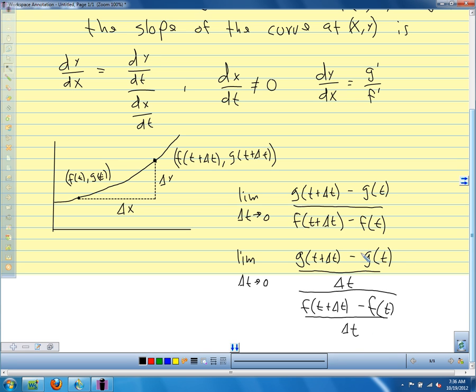And as delta t approaches 0, this is just g prime over f prime. Sorry, I did it again. g prime over f prime. And just to make sure we know we're talking about a function in t, I'll put our t's in there.